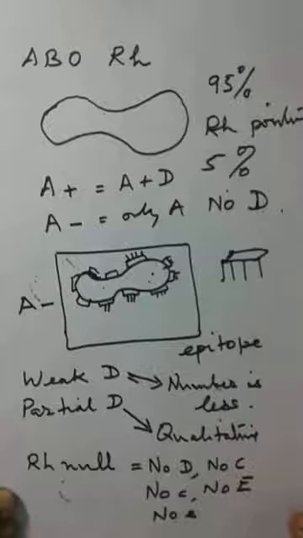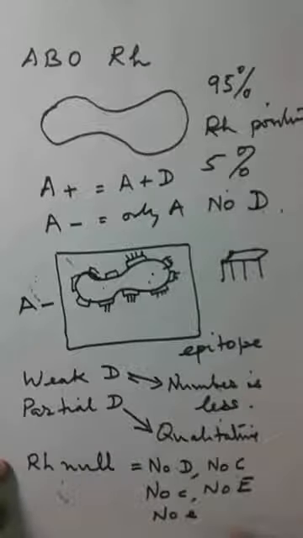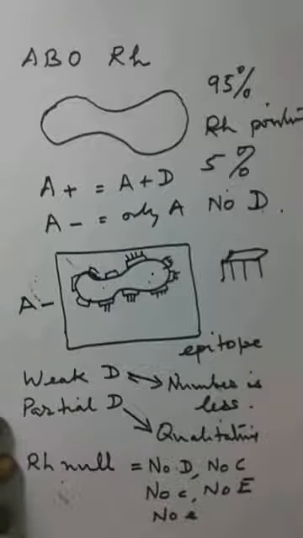So that is what is actually called hemolytic disease of the newborn child, otherwise it is called erythroblastosis fetalis. These two terms are used. These two terms I will explain in the next class.